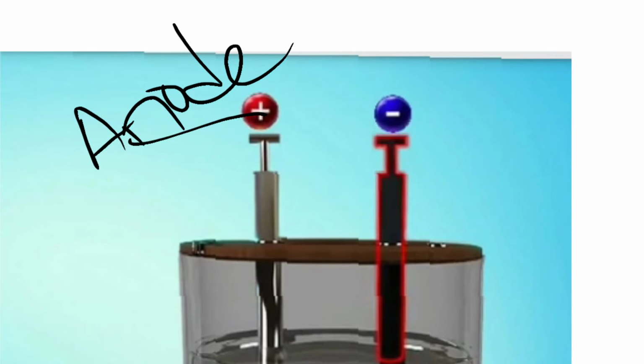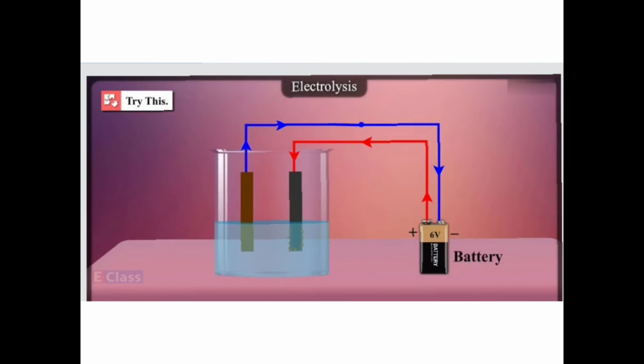So the movement takes place, and the bulb glows. This entire phenomenon is called electrolysis, and the solution is called the electrolyte. If the current is able to pass through, then it is an electrolyte.